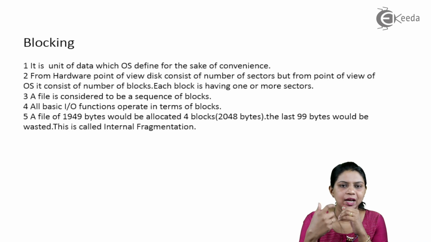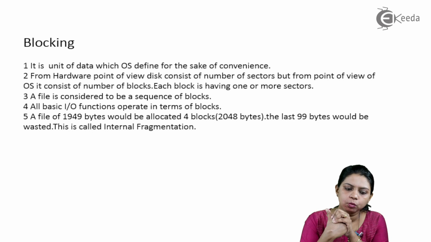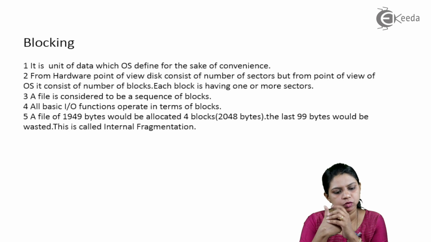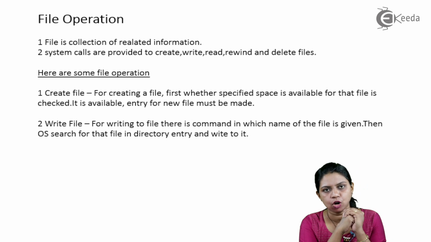So a disk contains tracks, and tracks contain sectors. From the point of view of the operating system, your disk consists of blocks, and each block has one or more sectors in it. A file is considered to be a sequence of blocks, and all basic input output functions operate in terms of blocks.